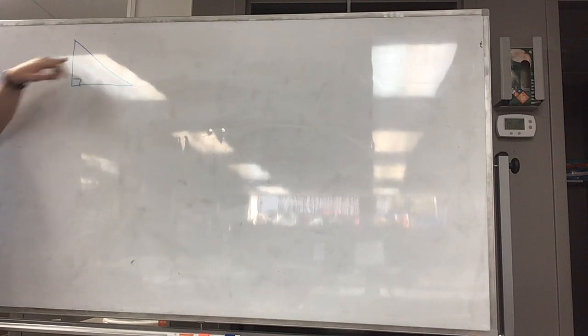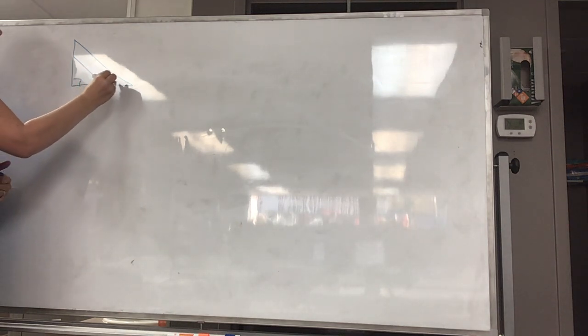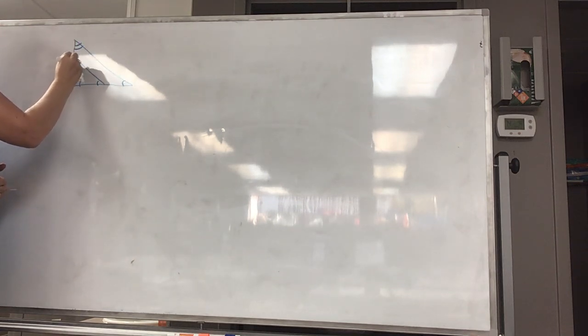And what I mean by that is here, if we have this triangle, if I draw that smaller triangle, the angles are still the same. And it has the same proportions.